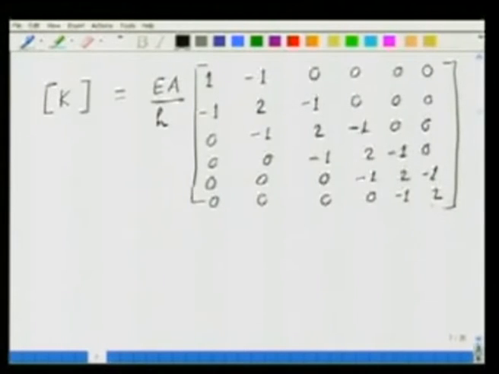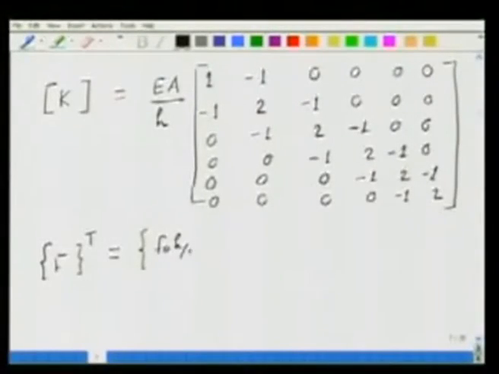This is the matrix K. What is my F? F, as we had said, the unmodified F, that is before applying the boundary condition. So I will write the transpose of F so that things are easily written. So 1 2 3 4.